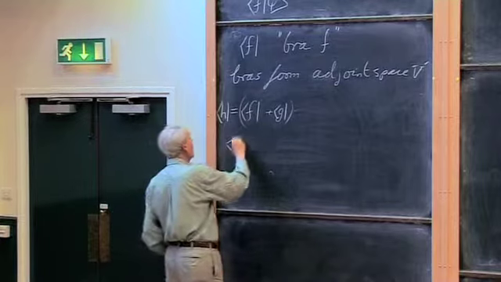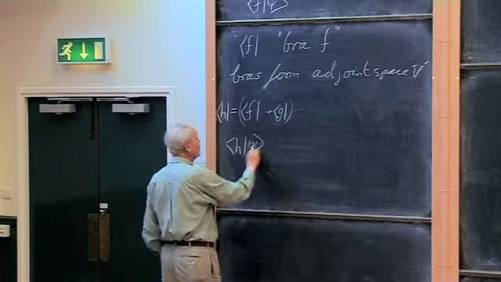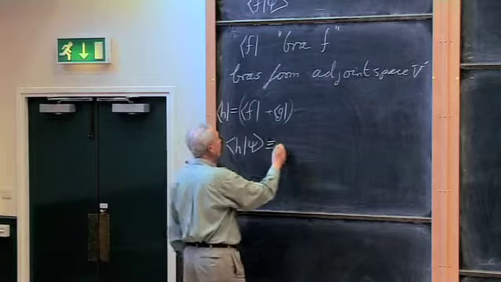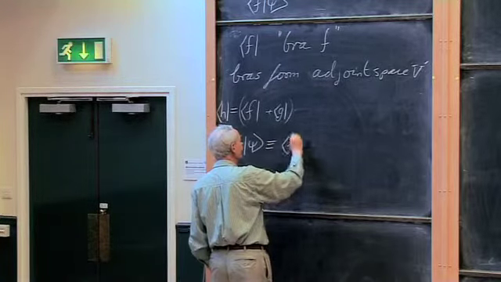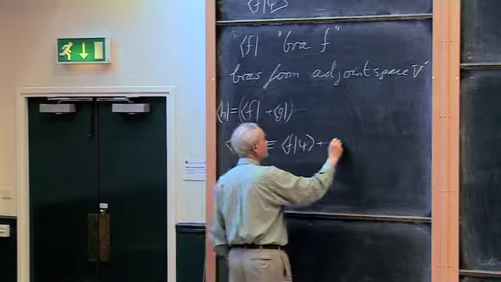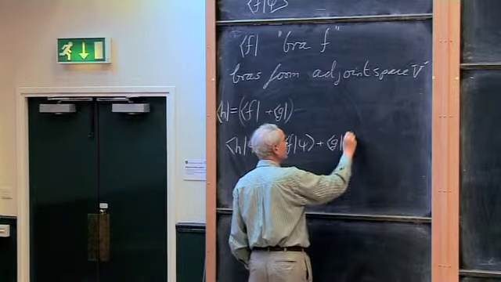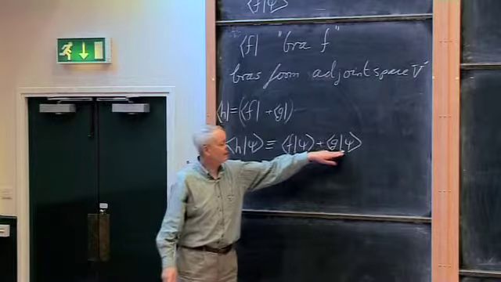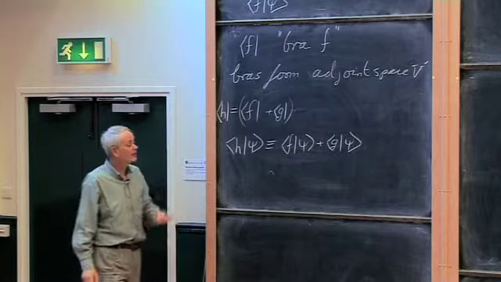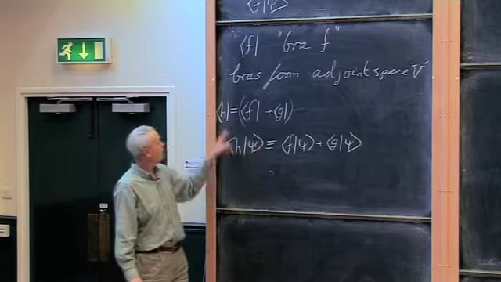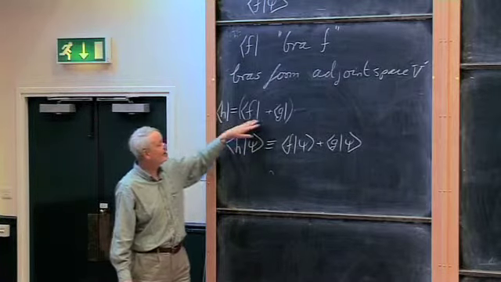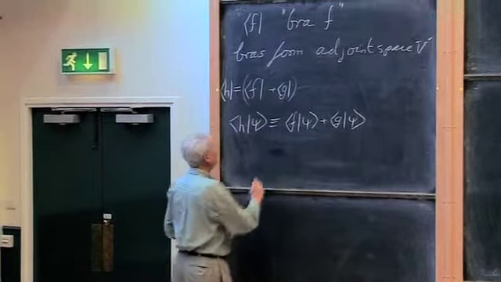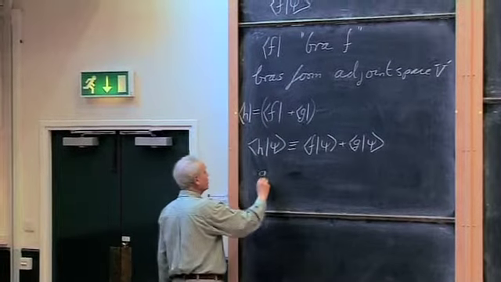So I need to know what H of psi is, what number that is. And I define it to be F of psi plus G of psi, which of course is a perfectly well-defined expression because this is a complex number, this is a complex number, and we all know how to add complex numbers. So this is the definition of the bra H. So I know what it is to add two functions, and of course I know what it is also to multiply a function by some constant.